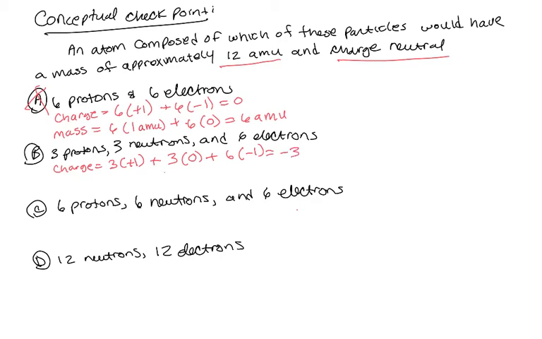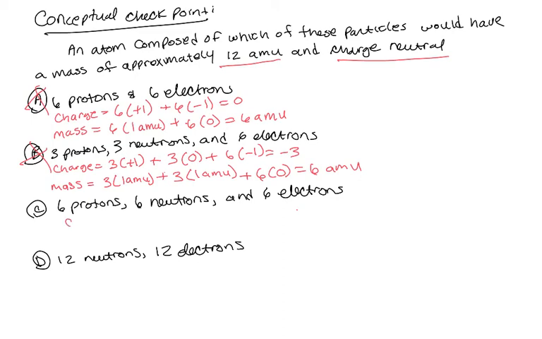So that cannot be right. But let's do the mass for that as well to see. The mass is 3 times 1 AMU, because we have 3 protons and 3 neutrons, which are also 1 AMU, and we have 6 electrons, which are 0. So that will give us 6 AMU. So that is not correct in both conditions that we want.